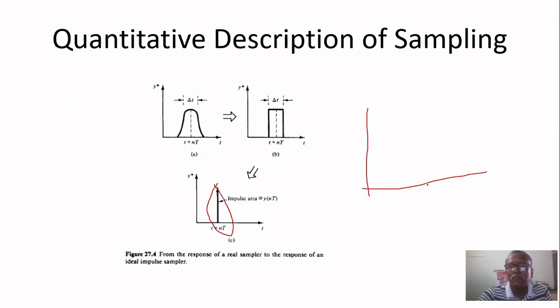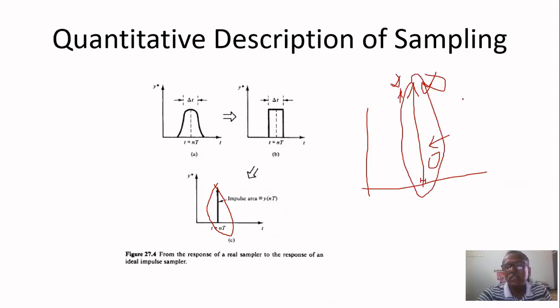Mathematically, an impulse means its magnitude is infinity, but its width tends to zero. Its width tends to zero, its magnitude tends to infinity, but the energy content in that impulse signal is constant.